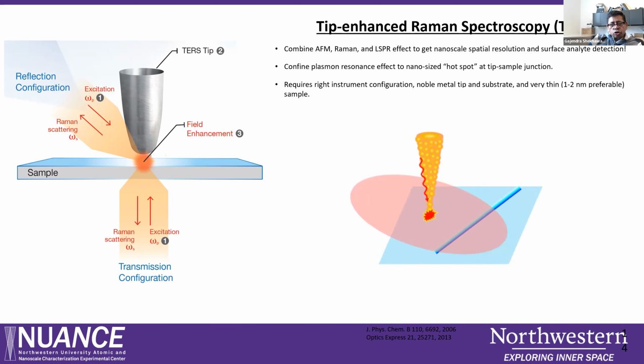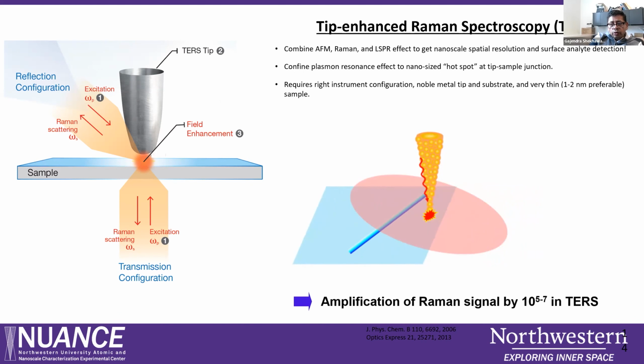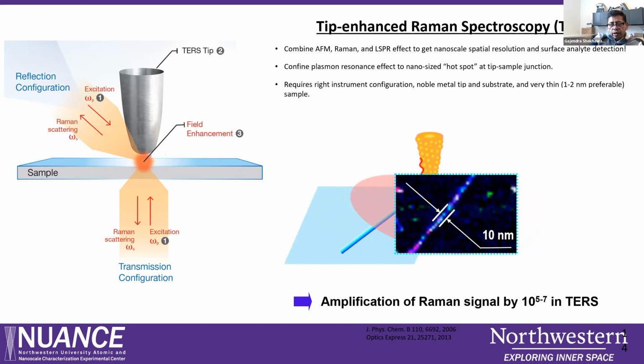Then you see a hot spot, which enhances your field, and you can see how you are scanning here. While scanning with this probe, you can have an amplification of the Raman signal by such an order of magnitude. You can see you're scanning a carbon nanotube, generating the chemical map of this carbon nanotube, followed by its spectrum. So this is basically the principle of this TERS system.